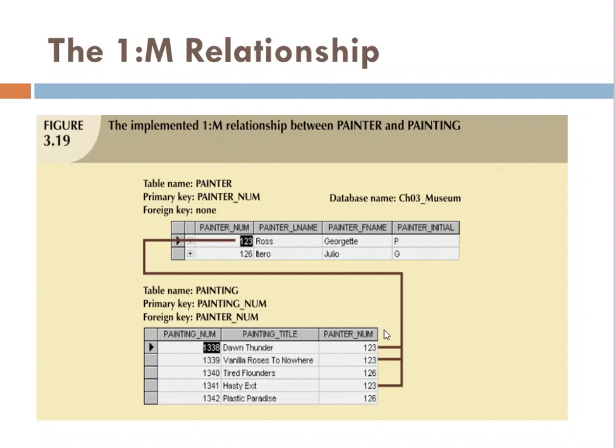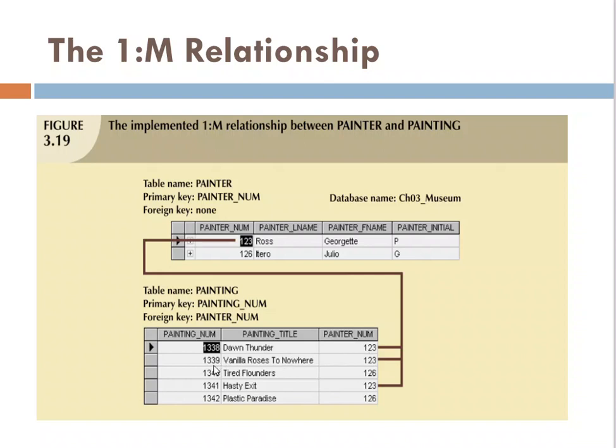Okay, then painter number. So you can see here, one painter can draw one or more paintings. Okay, you boleh nampak kat sini, contoh painting number 1338 is painted by painter number 123.